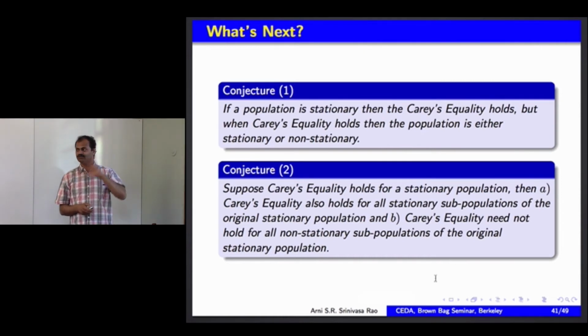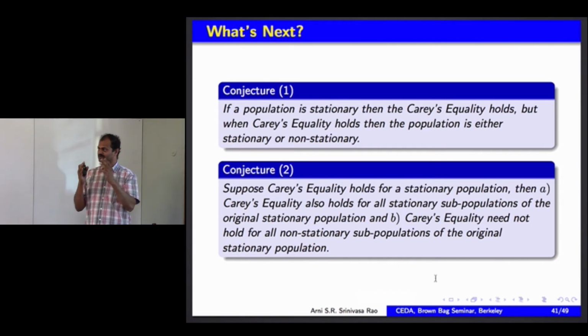So if carries equality holds for the total population, that is, life left equals life lived, then carries equality also holds for all the stationary subpopulations. If the total population is stationary, then there could be a subpopulation of the total population which is also stationary. Then carries equality also holds for that.